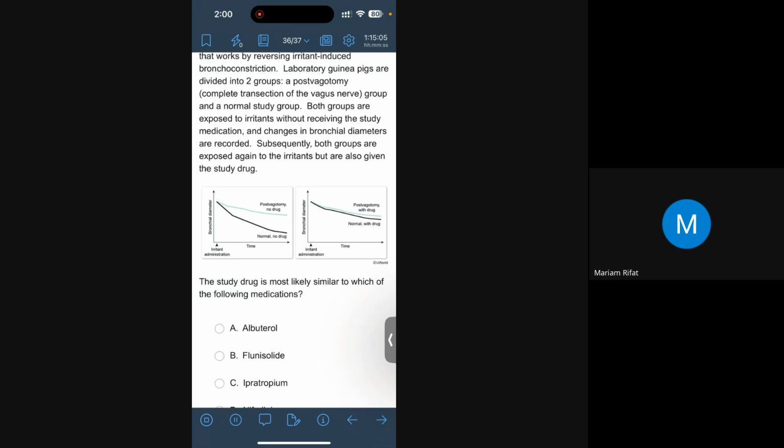Parasympathetic causes constriction, and this is the sympathetic, which is the fight or flight response. Like if you see a lion right in front of you, how will your body respond to that?